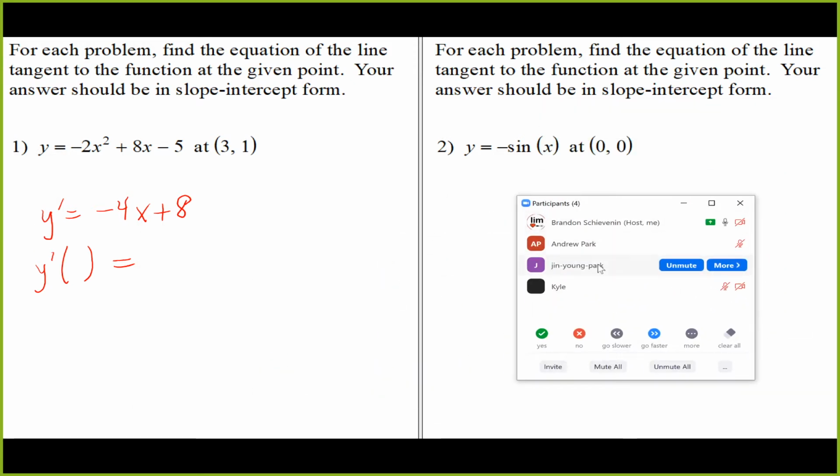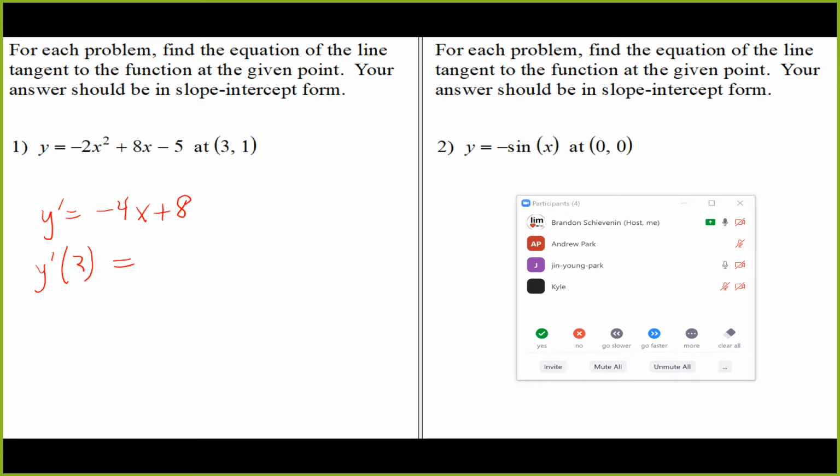Eric, can you hear me? Yes. Okay, if I want to figure out what the derivative is at this point (3, 1), then what would I have to plug into our derivative? 3 and 1. 3 and 1, okay. I don't have any y values for my equation, just x values. So I'm going to plug in the 3.